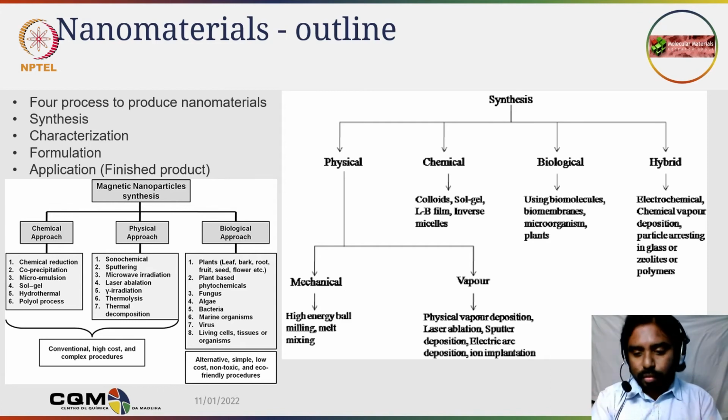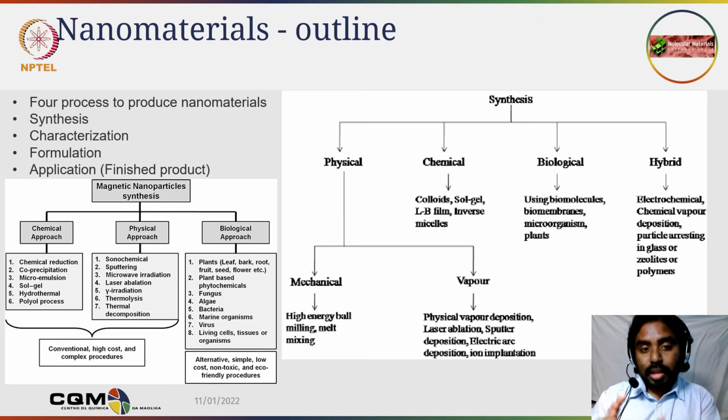So why we have this chemical approach and physical approach, what are their benefits, right? So their benefits are, you can synthesize stable nanoparticles, right? So you can have stable nanoparticles, but you will use hazardous materials, which you cannot use for biological application.